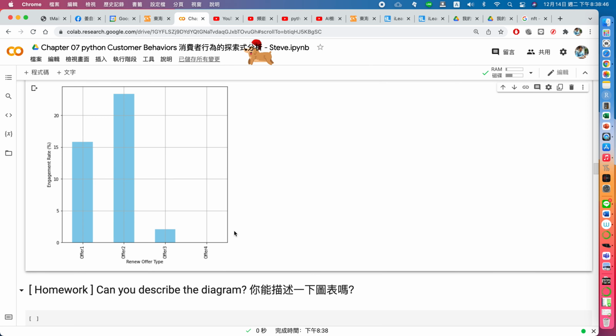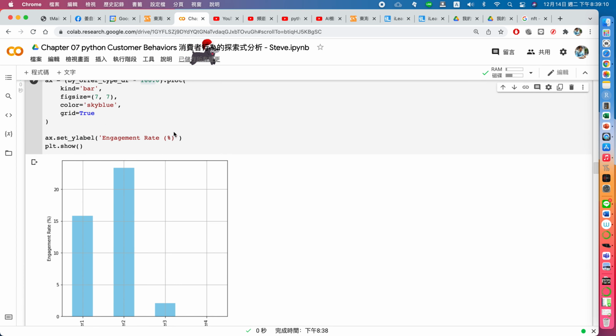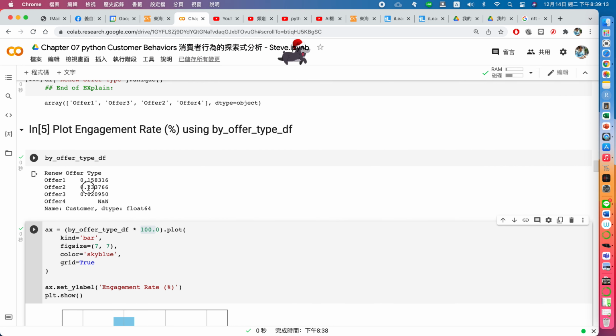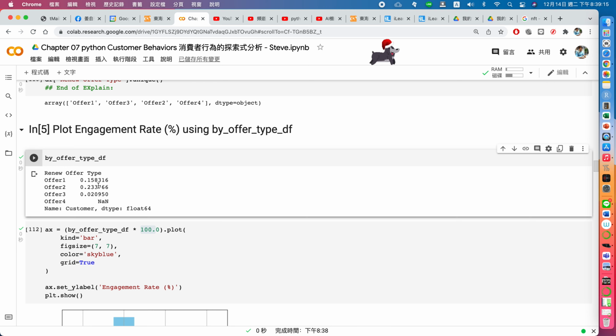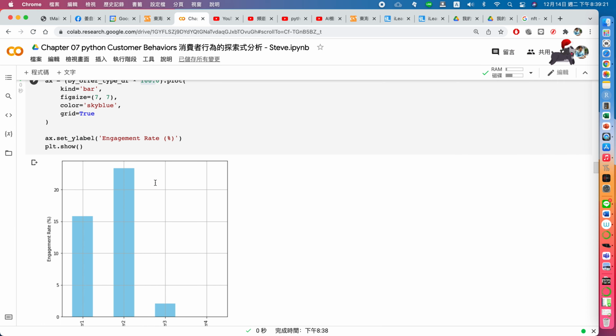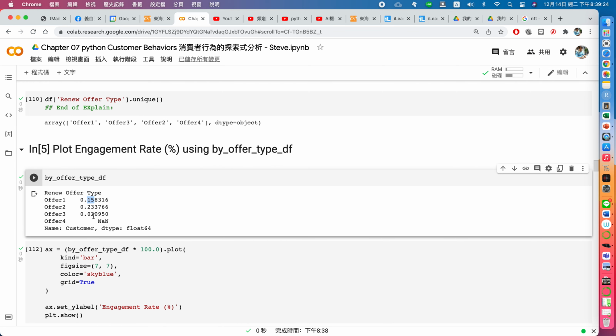From this diagram, you can see no one renewed their auto insurance by offer type 4, only offers 1, 2, 3. But most of the customers use offer 2, so the percentage is more than 20%. Here you may find 23%. For offer 1 it is 15%. For offer 3, only 2%.